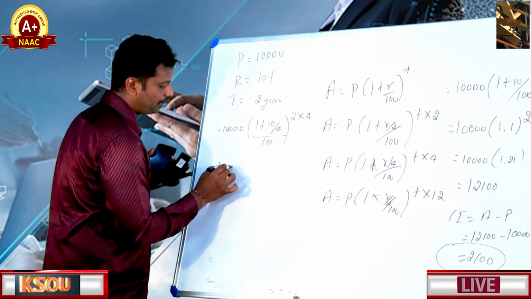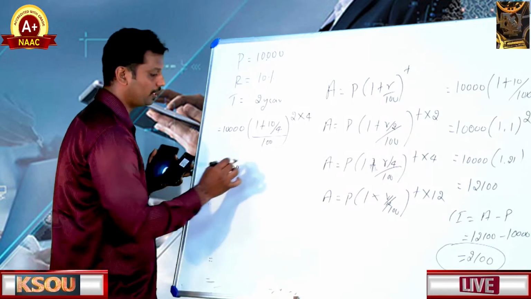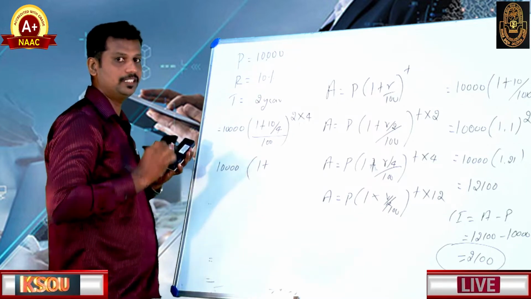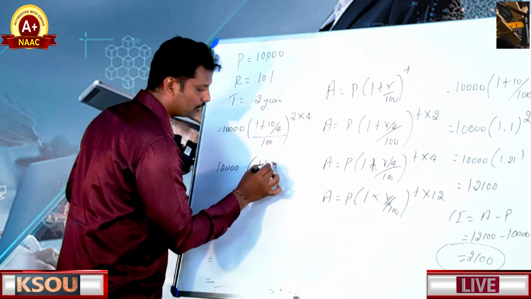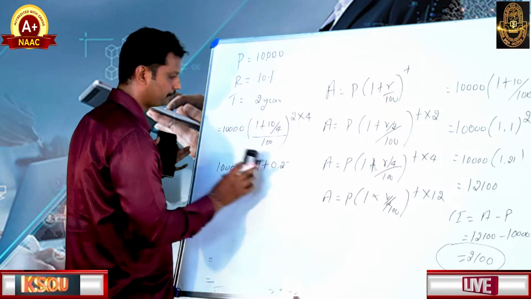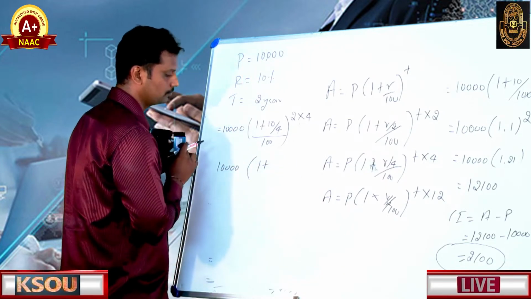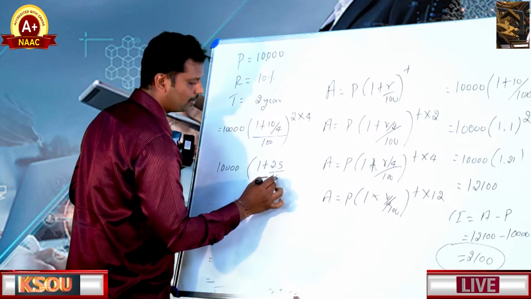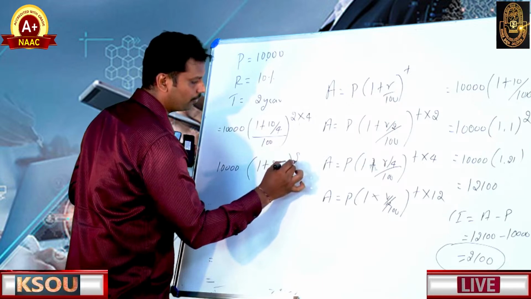Next, simplify. 10,000 into 1 plus what is the value? 10 divided by 4. The value is 2.5, divided by 100, to the power of 8.